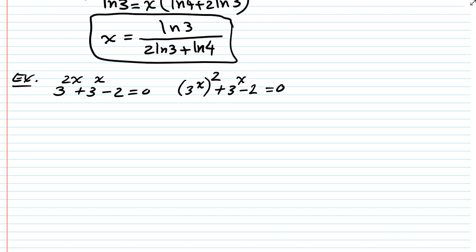We can just factor it the way it is, or we can let, say, m represent a second variable, the exponential portion of that equation. If we do that, then 3 to the x squared is simply m squared, and 3 to the x is m. And there you go.